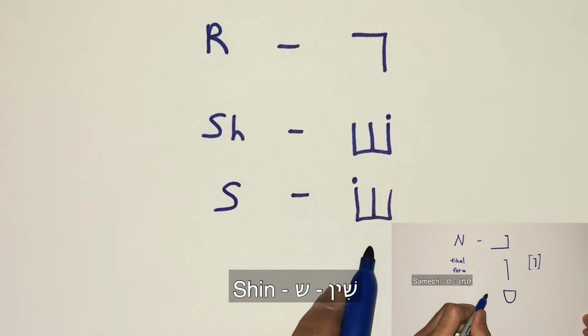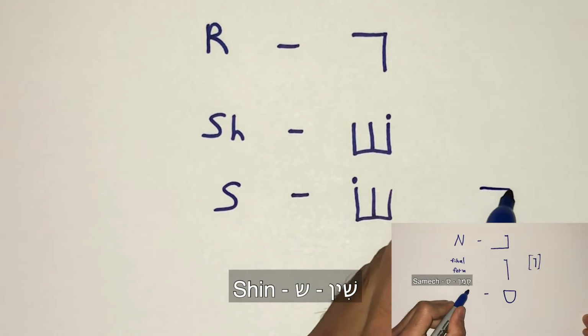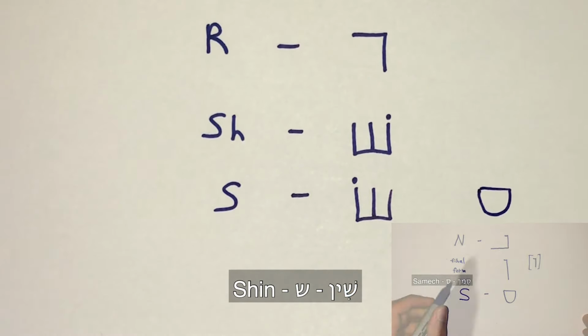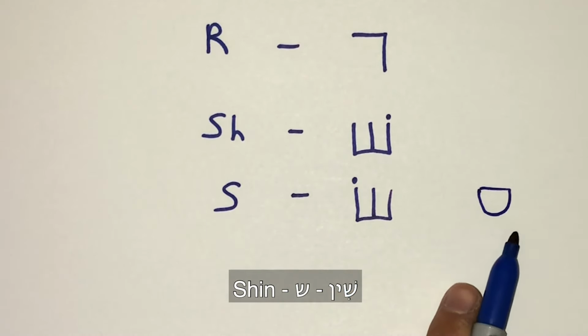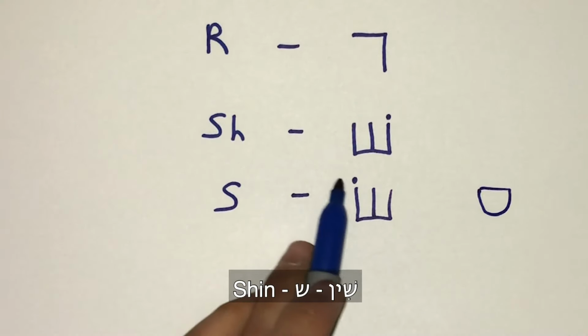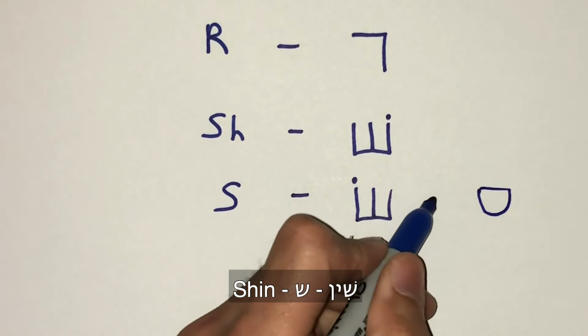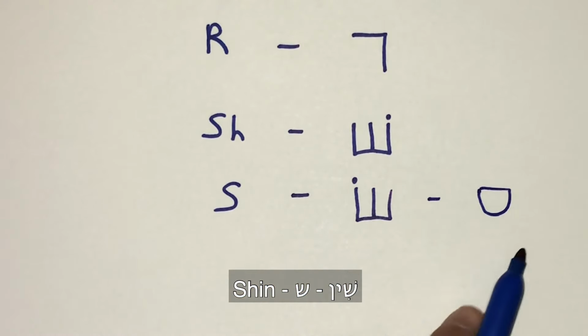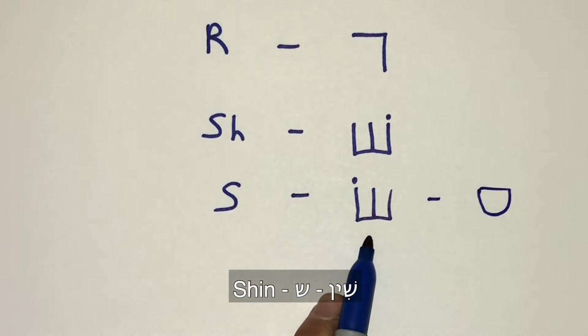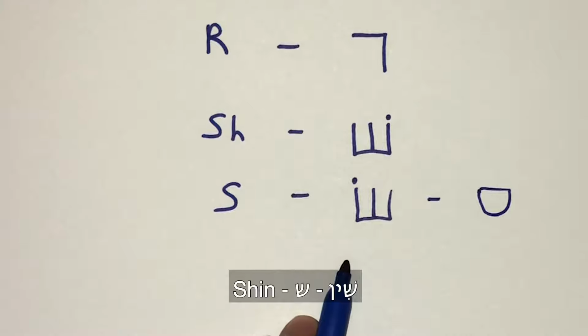We've talked about this letter, samech. So they're pronounced the same, samech, and the shin with the dot on the left, s. Same pronunciation, different letters. And we use them in different places. But you will see all about that in the next sections and by practicing.